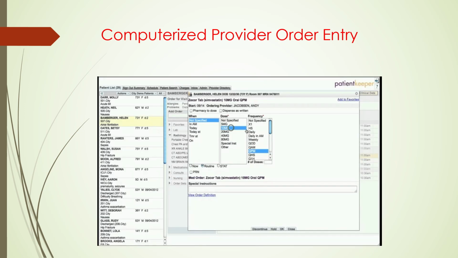Here's another screenshot of computerized provider order entry. You can see over here the name of the patient, the age, whether the patient is male or female, when the patient was seen, dosage prescribed, and frequency. PO means oral, through the mouth, or some other means of taking medicine.